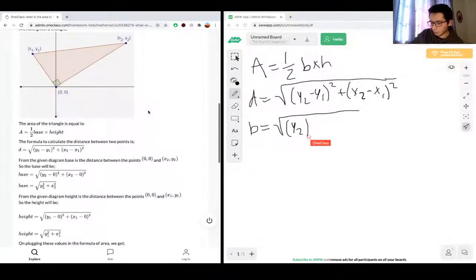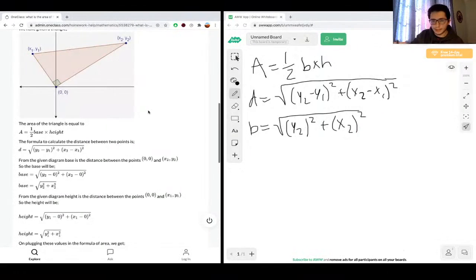So it would just be y2 squared. And then we also have x2, so plus x2, and then minus x1, which is also 0 because that's the origin point. So it would just be x2 squared. So this is the base of the triangle, and we figured out one component of our equation for area.